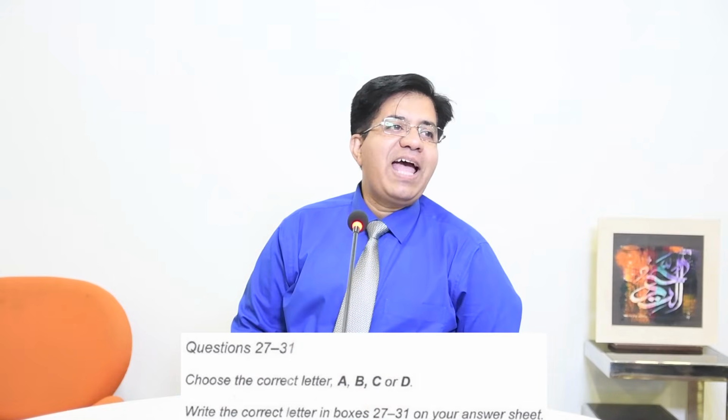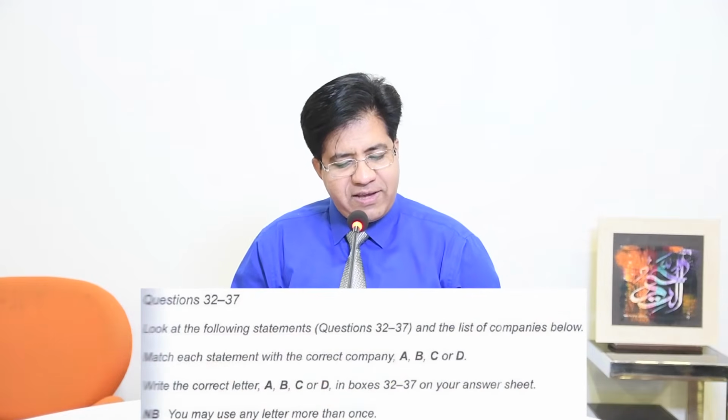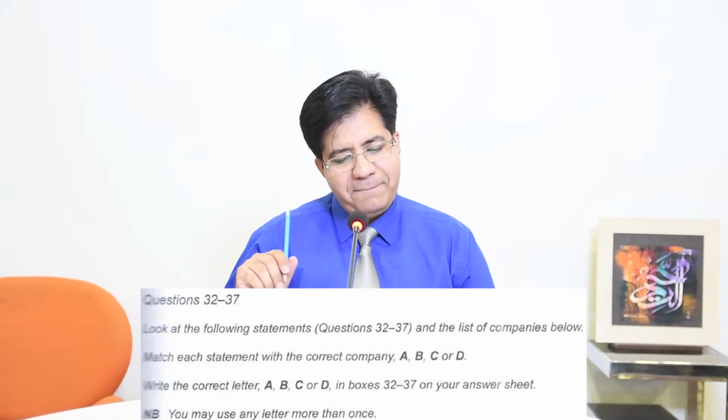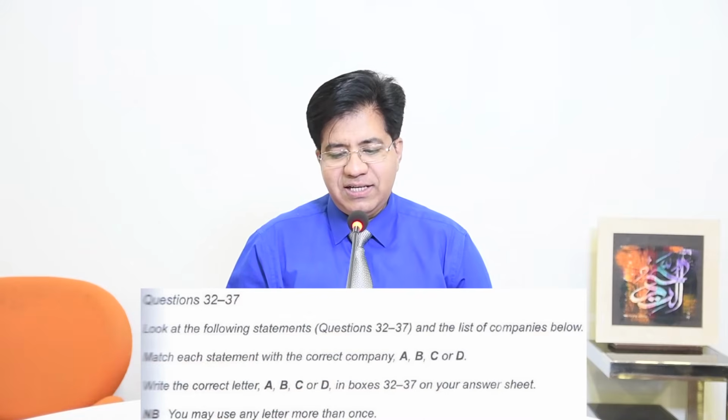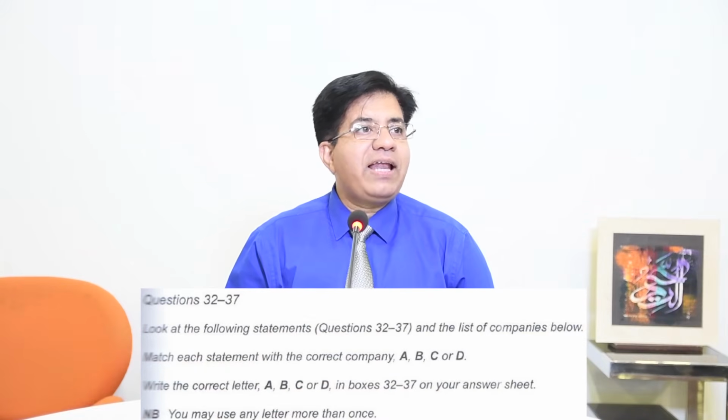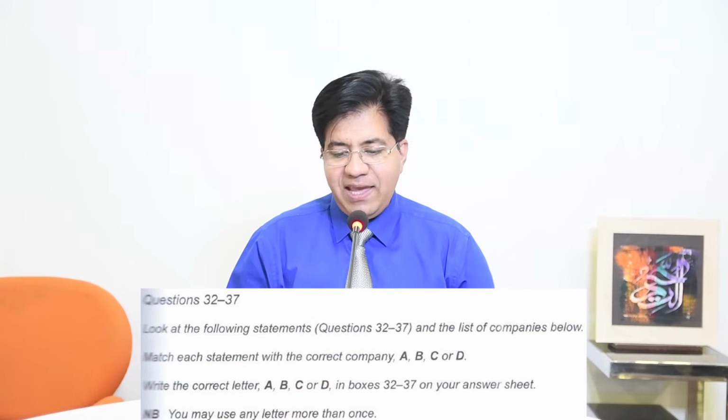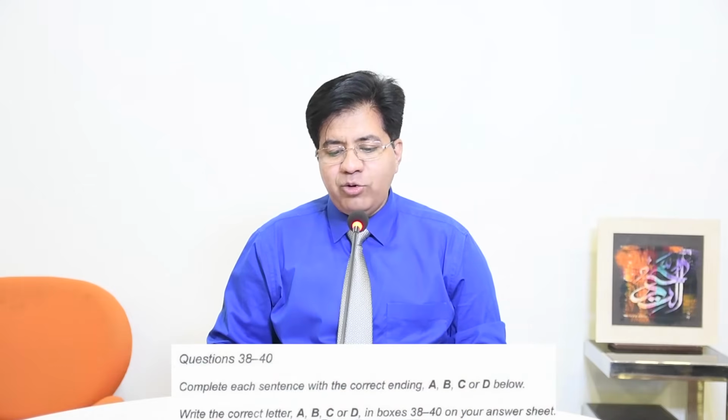Multiple choice questions. Type A or type B? Type A. Okay, exactly. Multiple choice questions are type A. Let's go on. Questions 32 to 37. List of companies. Type A or type B? Type A. Questions 38 to 40.